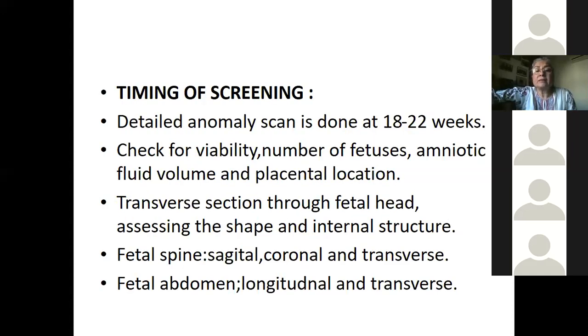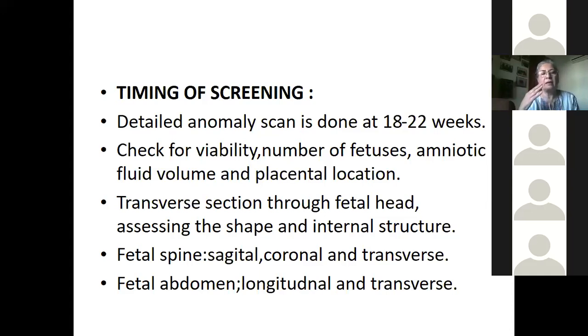So as I said, between 18 to 22 weeks, you do it, and what do you check for? Number one is the viability, then the number of fetuses, the amount of fluid, and the location of the placenta. Then you start a stepwise approach, from the top to the bottom.